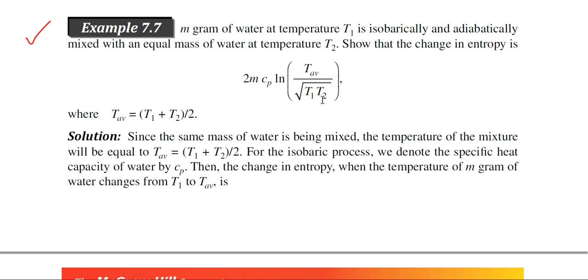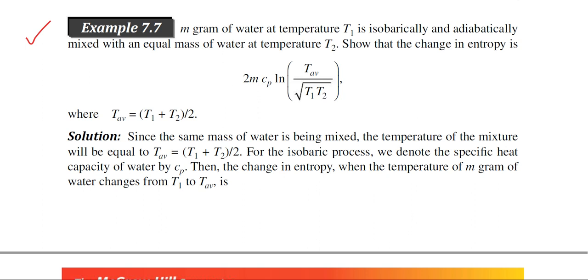So when these two systems are mixed, what will happen? A common temperature will be reached, and as the mass of the water is equal, and specific heat is same, when exchange of heat takes place, a common temperature will be reached, which is exactly in the middle of these two temperatures.